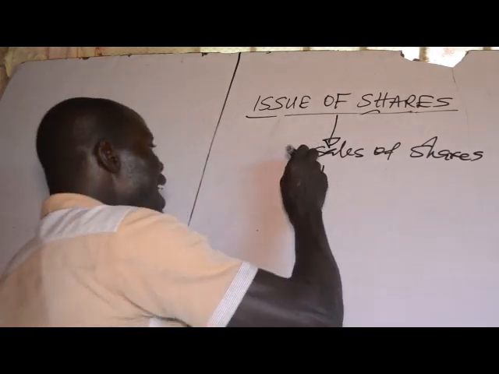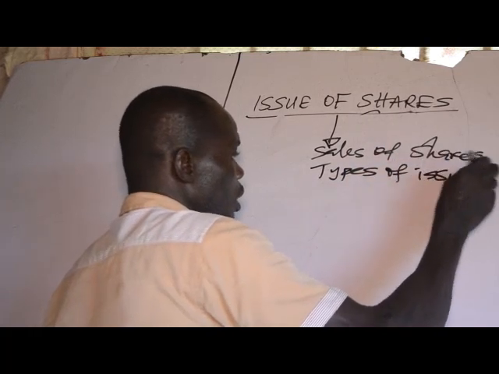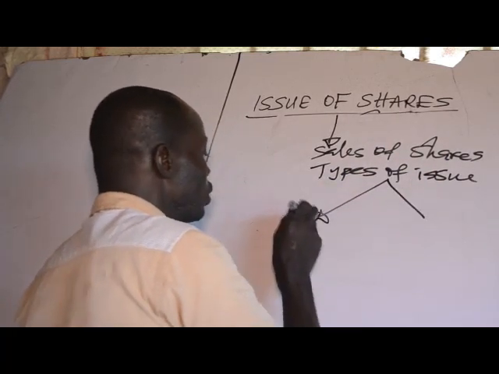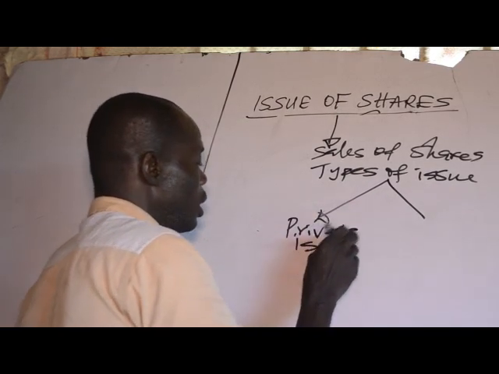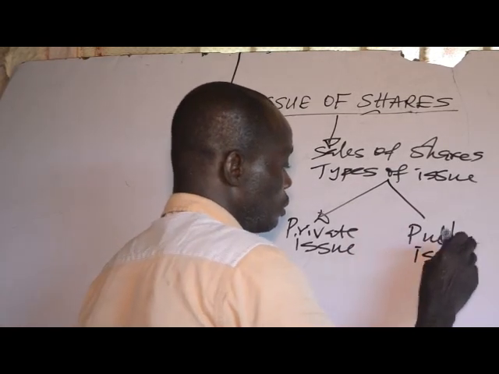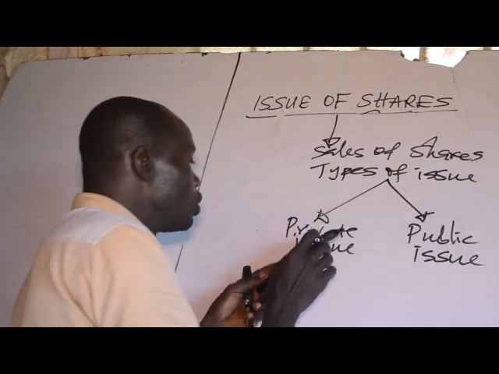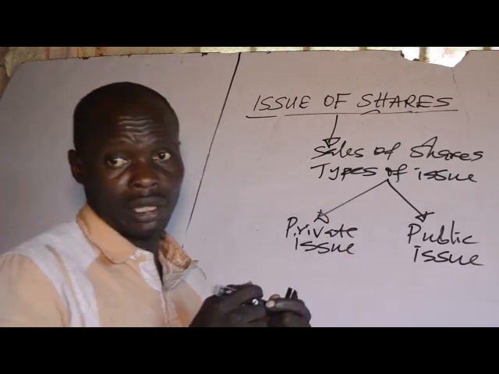We will categorize our issues into two types: the private issue and the public issue. The private issue is the issue of shares to the existing shareholders.